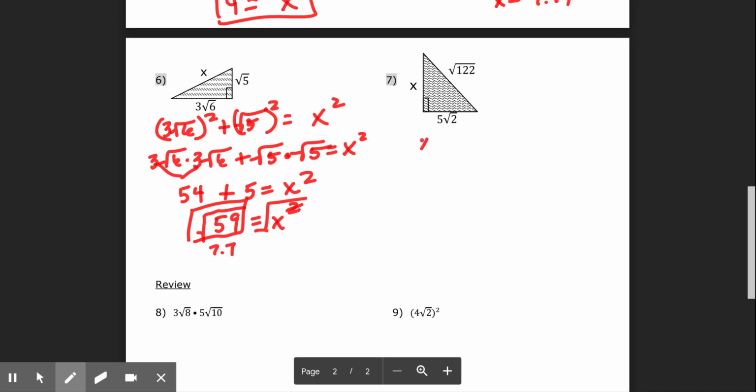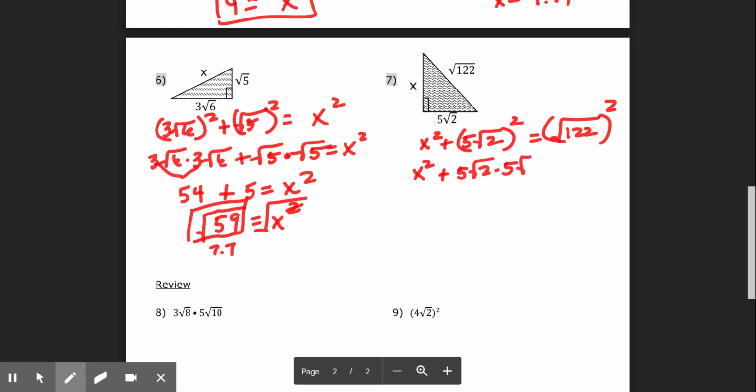So we're going to have x squared plus 5 square roots of 2 squared equals the square root of 122 squared. So this is going to be x squared plus 5 square roots of 2 times 5 square roots of 2. And then, as a shortcut, the square and square root cancel out.